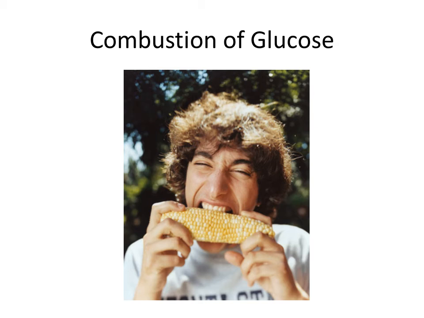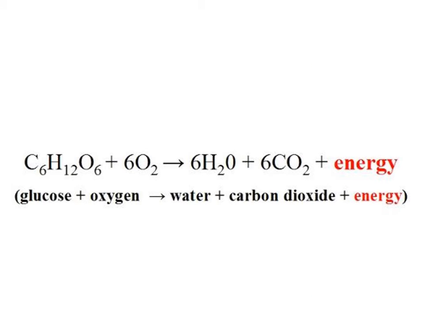So there are also combustion reactions going on in your body right now if you had breakfast or lunch. The combustion of glucose is what gives you the energy to do what you need to do every day. So glucose is found in the corn, and here you have a 6-carbon molecule, C6H12O6.